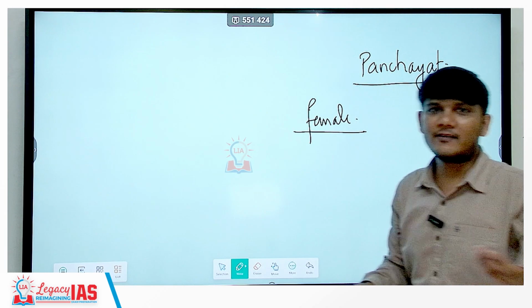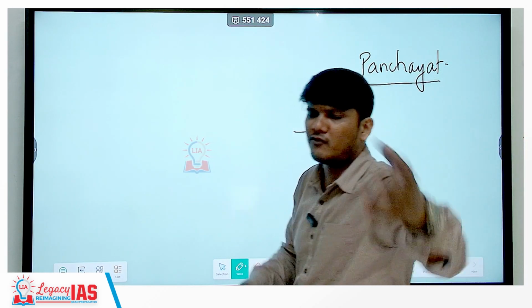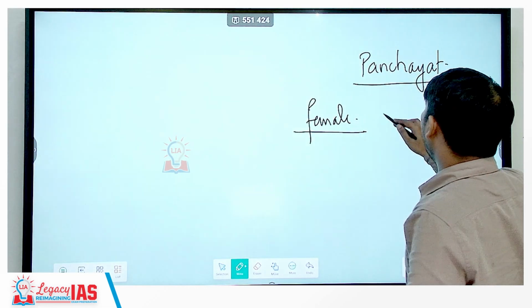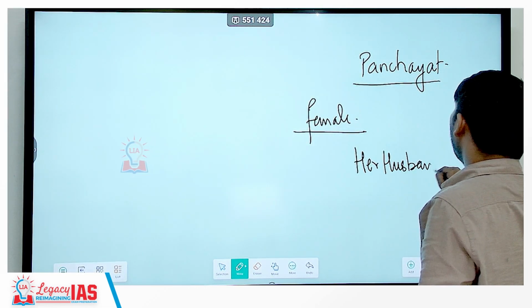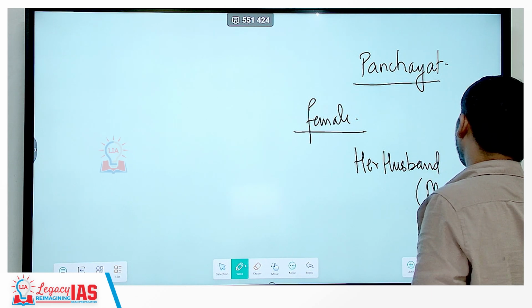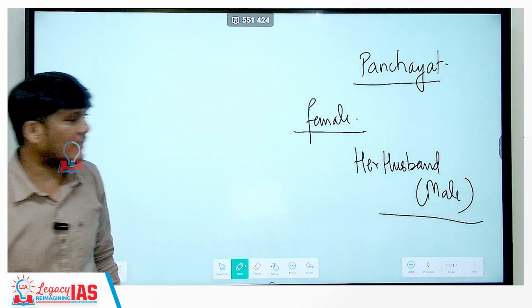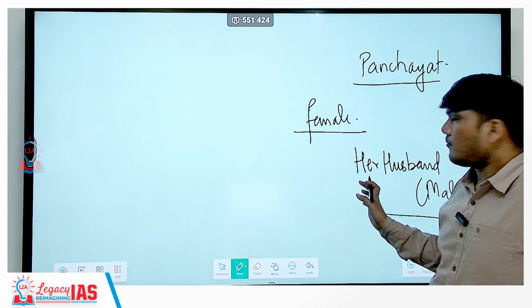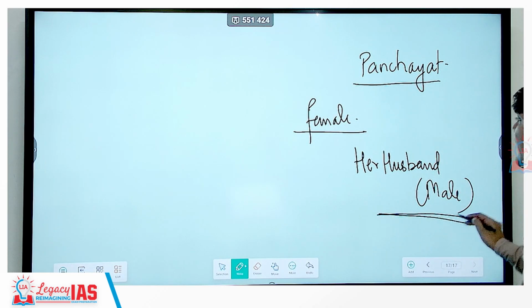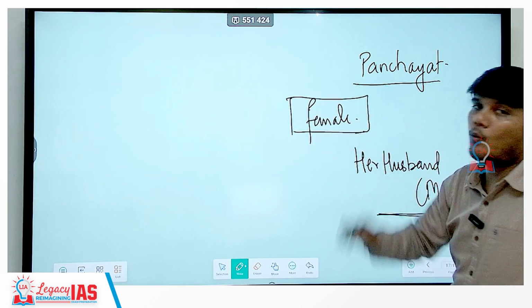But she stays at home, does nothing, never goes to the office, never meets the people, does not take any decision, doesn't do anything. But it's her husband, who is a male, takes all the decisions, does all the things, and people start calling him only as Pradhan. Okay, they call him only as Pradhan, the village head basically, and not his wife.